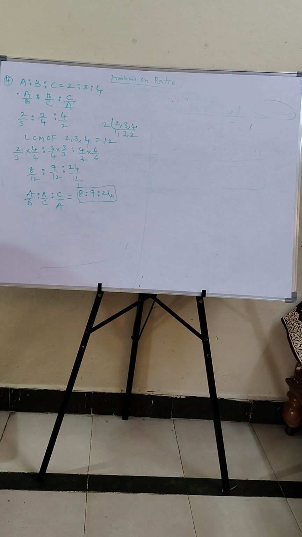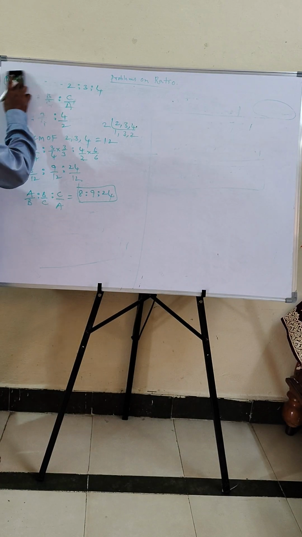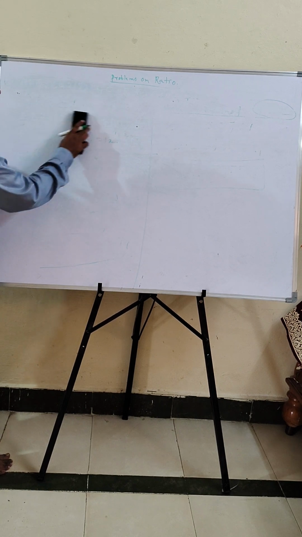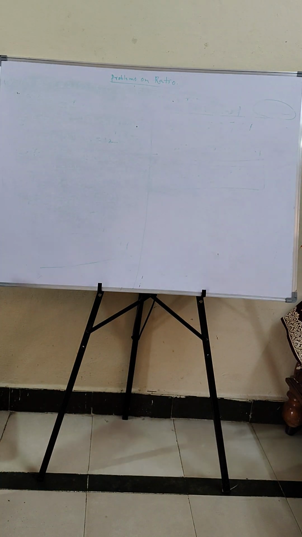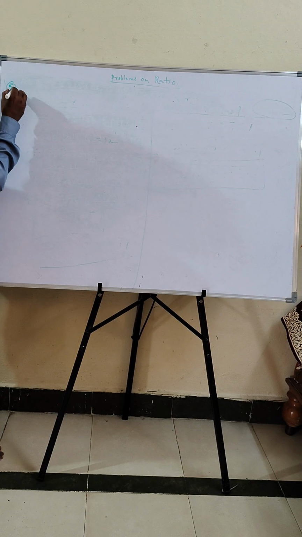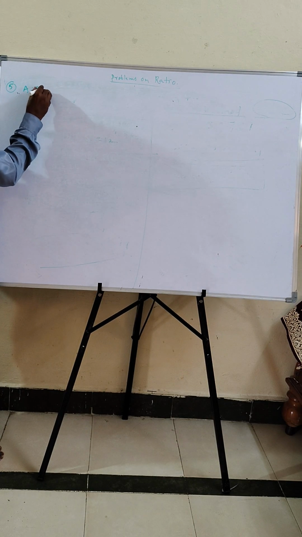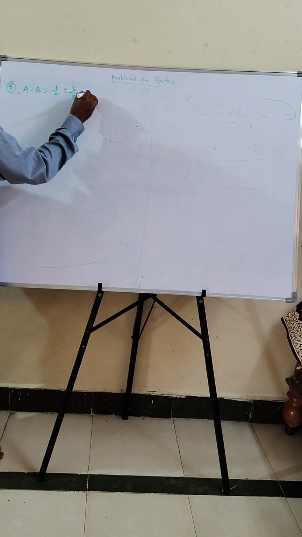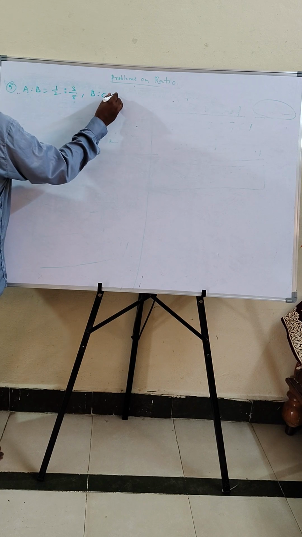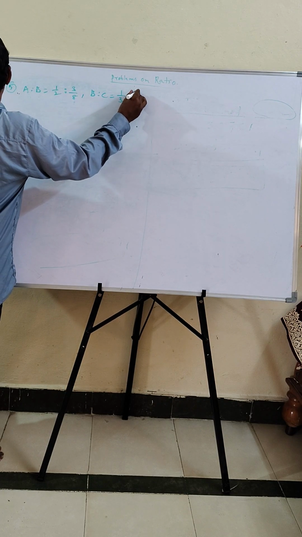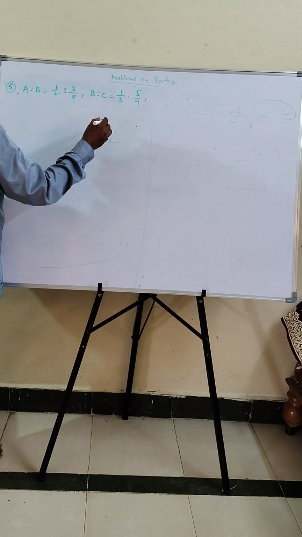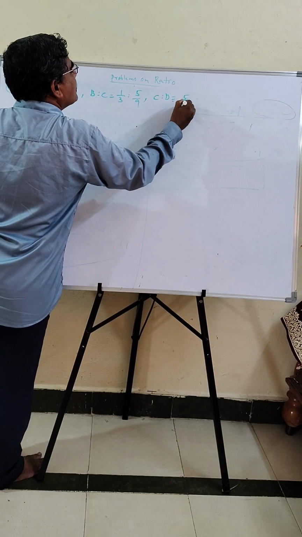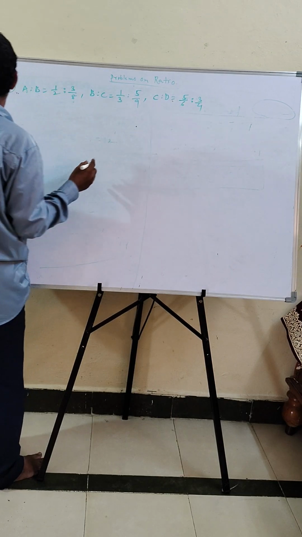Similarly, here the fifth problem is A is to B equal to 1 by 2 is to 3 by 8, B is to C equal to 1 by 3 is to 5 by 9, and C is to D equal to 5 by 6 is to 3 by 4.